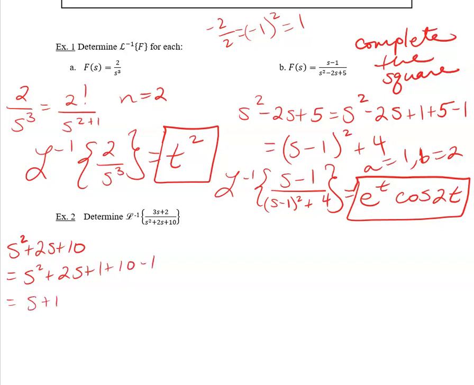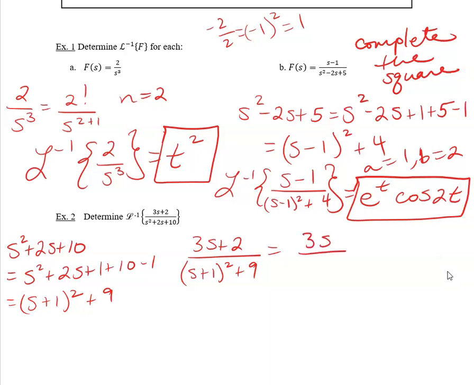So we end up with s plus 1 squared plus 9. So what we have is 3s plus 2 over s plus 1 squared plus 9. I'm going to separate this and write it as 3s over s plus 1 squared plus 9, plus 2 over s plus 1 squared plus 9.